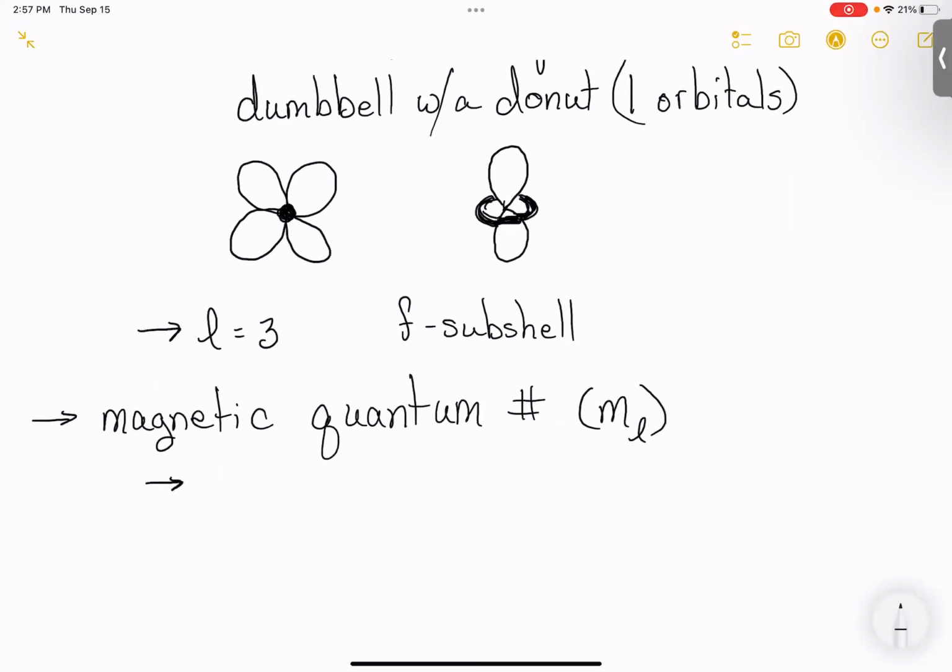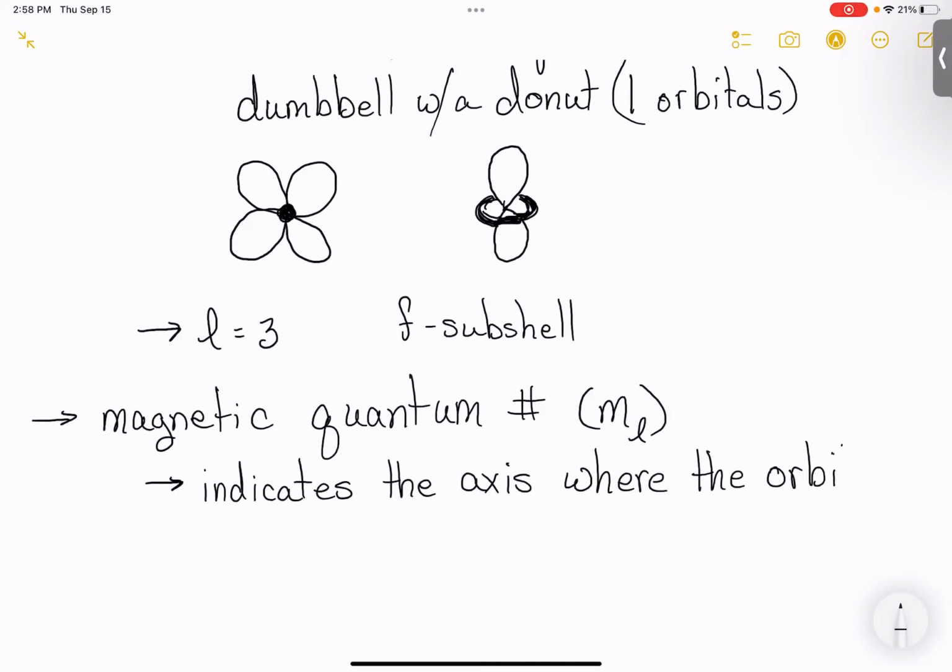The magnetic quantum number indicates the axis, or axes, I don't know, the axis where the orbital resides on an XYZ coordinate plane.